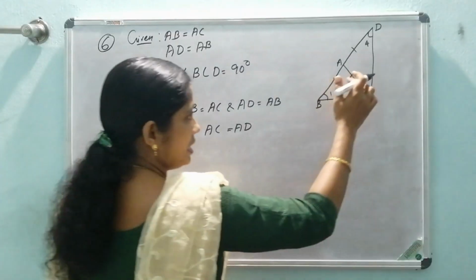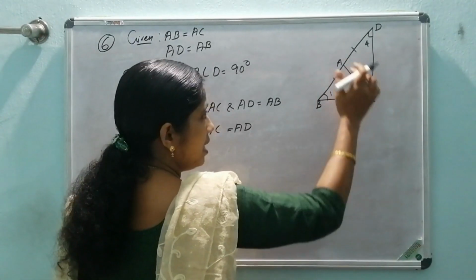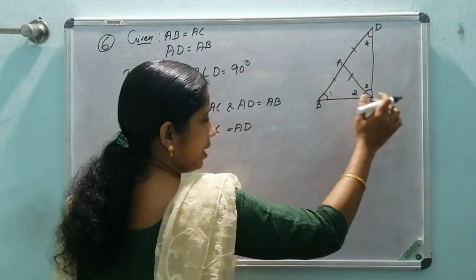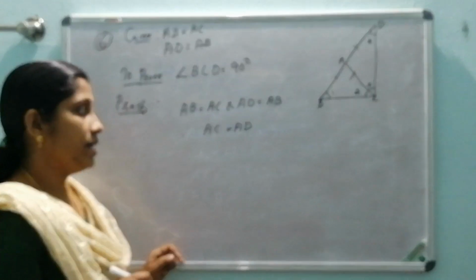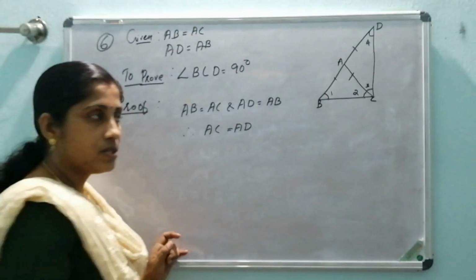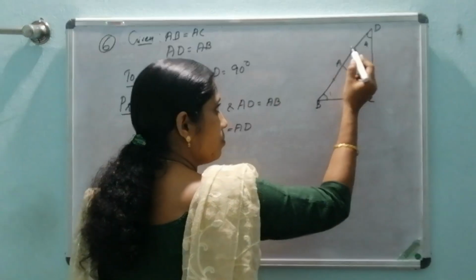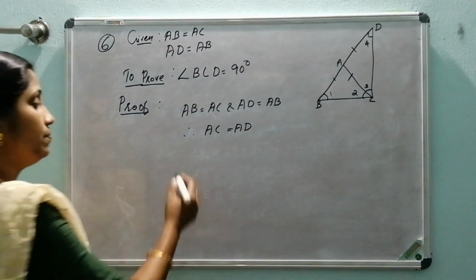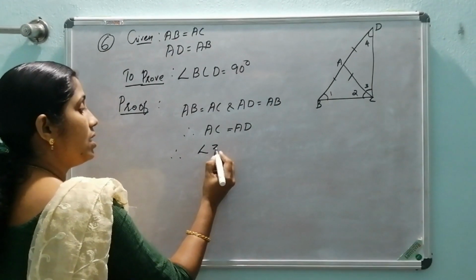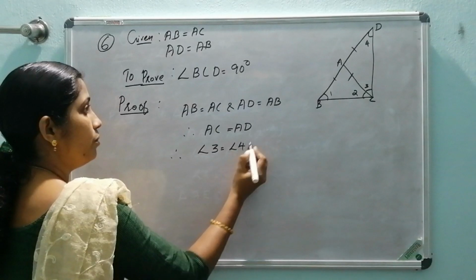Look here. This is AC and this is AD. Look at this triangle. This triangle is also an isosceles triangle. If AC is equal to AD, the triangle is isosceles, and the angles opposite to equal sides are equal. So what can we say? Therefore, angle 3 is equal to angle 4.